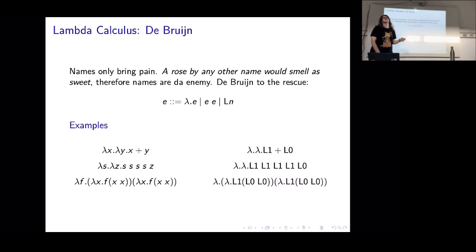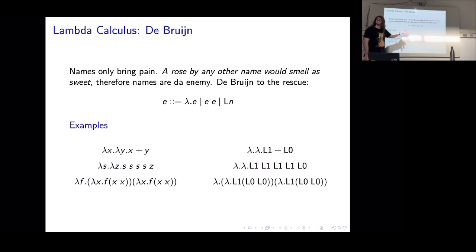Now, with lambda calculus, we have an issue. We have an issue of names. In lambda calculus, you can have two terms that are denotationally the same, but written in different ways because they use different names, it's alpha equivalence and so on. There are ways to handle terms of lambda calculus automatically, nominal sets, but another way that is easier to implement is to use the De Bruijn indexes.